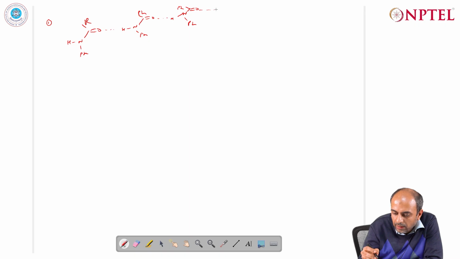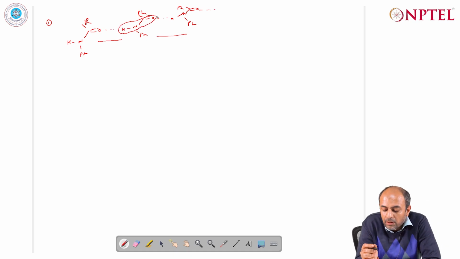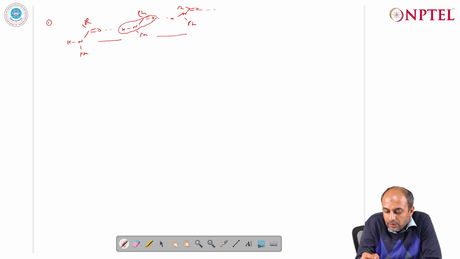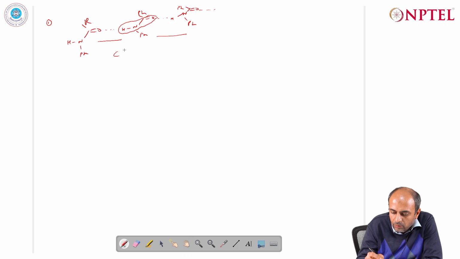So it forms a chain, and between one molecule and another, between this hydrogen bond and this hydrogen bond, the number of atoms which separate the chain is the longest possible chain which contains the maximum number of atoms. In this case, it is 4. So this is referred to as a C4 graph set descriptor, C representing the chain and 4 representing the number of atoms which are repeated in the pattern. So when the pattern is being formed, this is the number of atoms in the pattern which is repeating itself, that is C4.